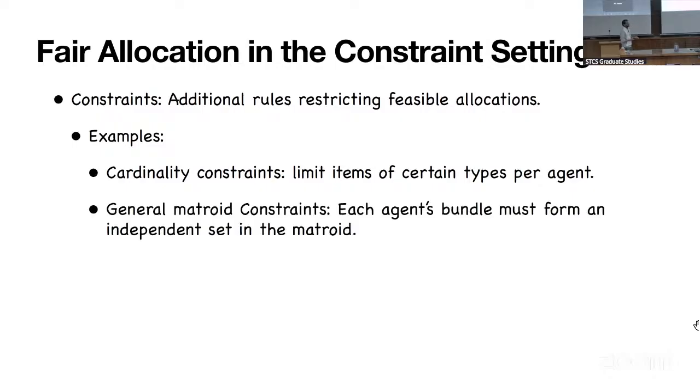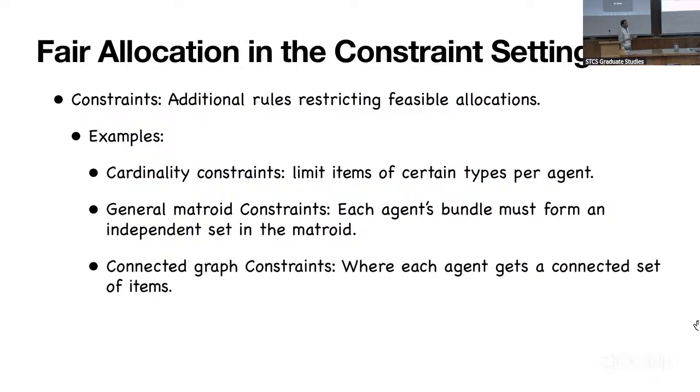There are general Matroid constraints, where we want the allocated bundle to be an independent set of the Matroid. Similarly, we have connected graph constraints, where the items are in a graph and the allocated set must be a connected part of the graph.